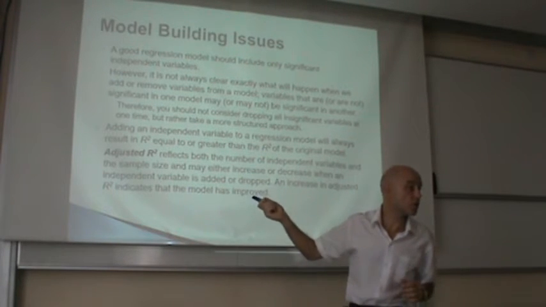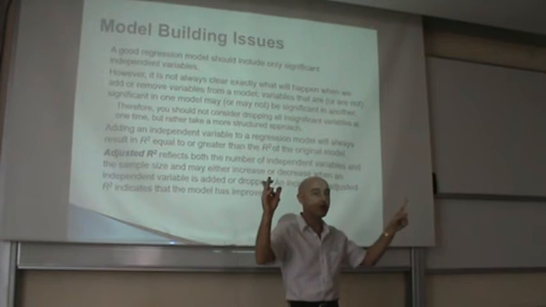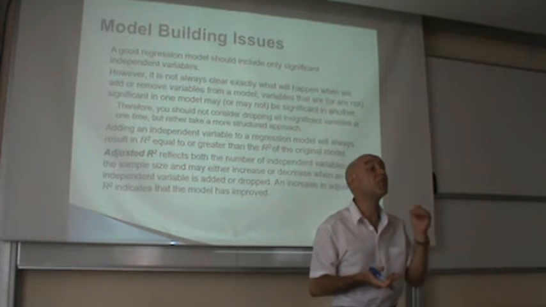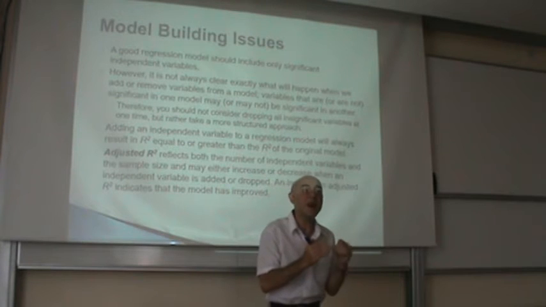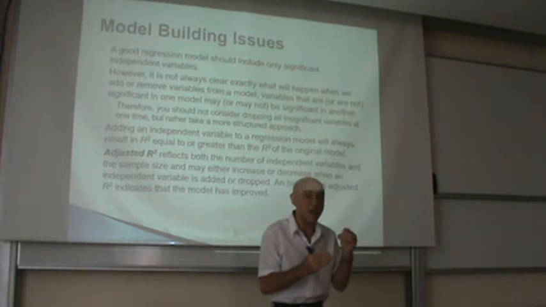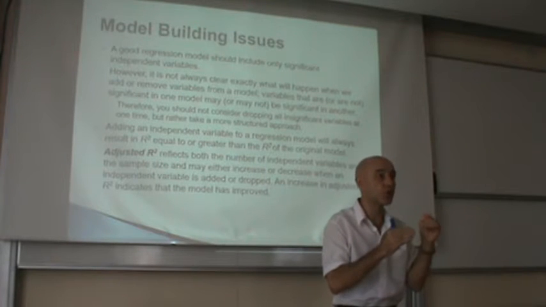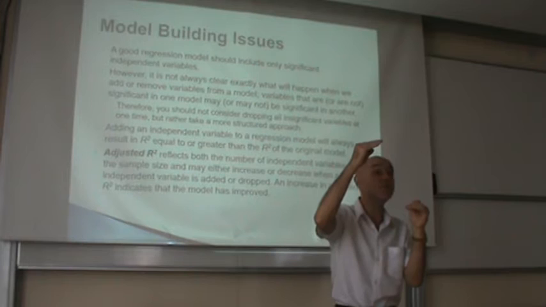Adjusting R squared. R squared gives you the fit for the full model, but it does not adjust for the number of variables. As I was explaining last time, every time you add a new variable, it is statistically guaranteed that R squared must always improve.